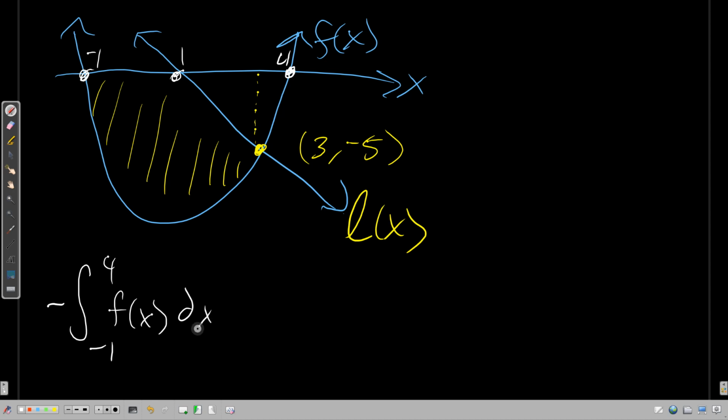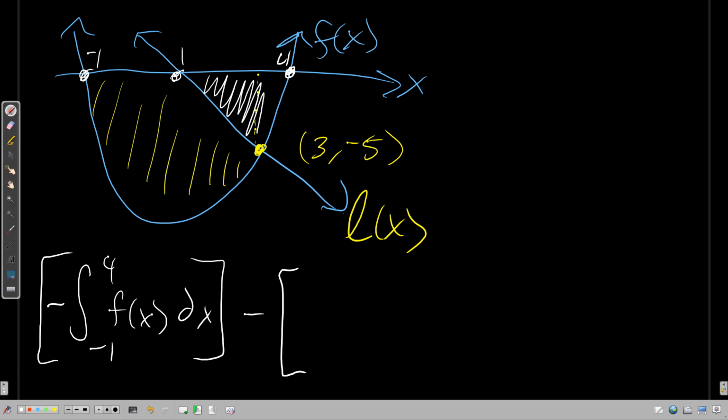And I will deduct from that positive number. This is a positive number right here. I would deduct from that this area that's just right in here, and I'd be left with the yellow shaded area.